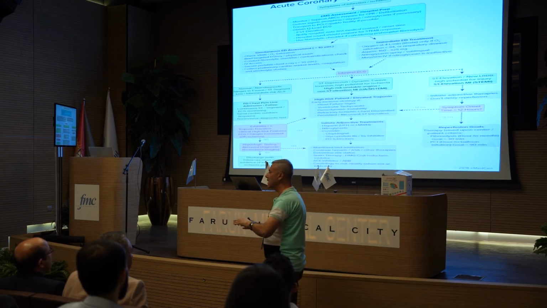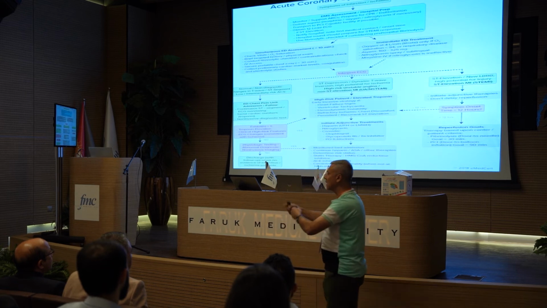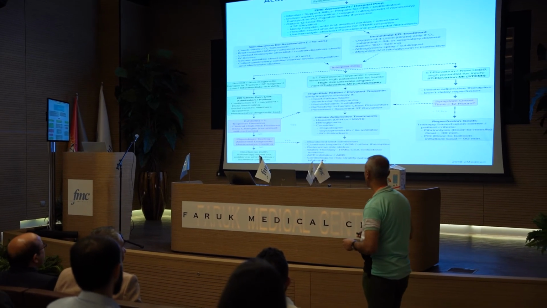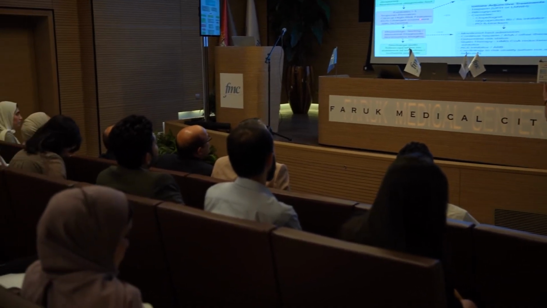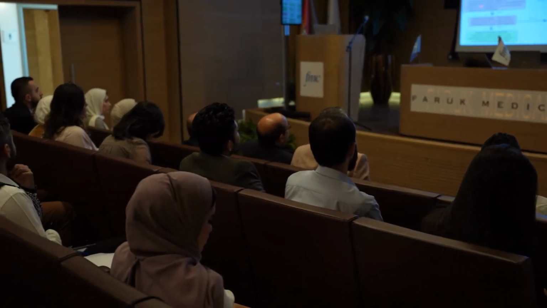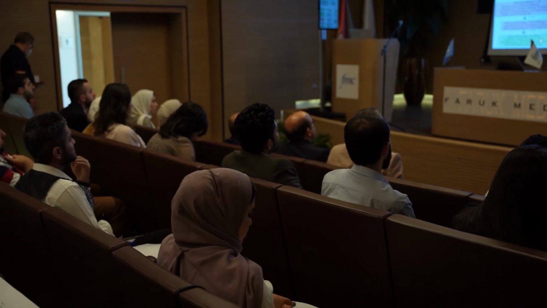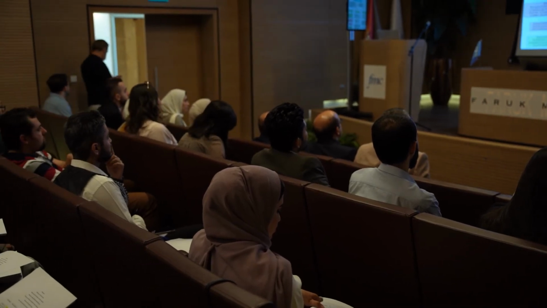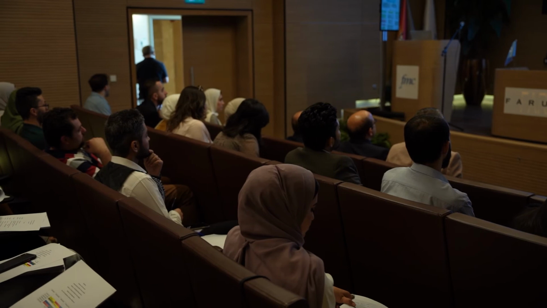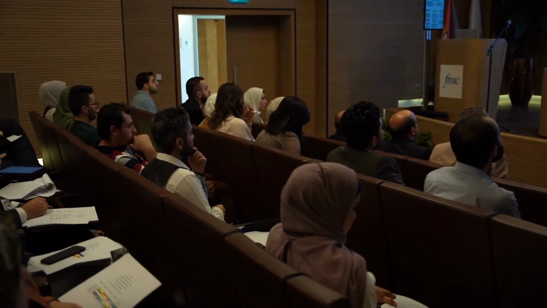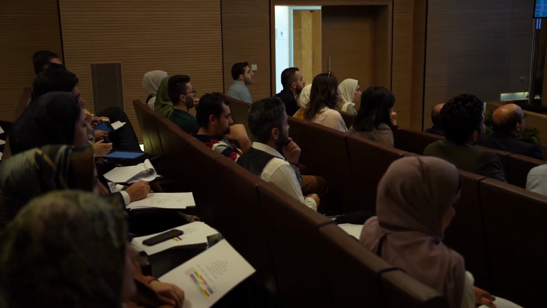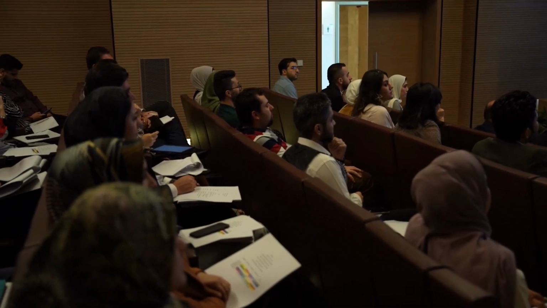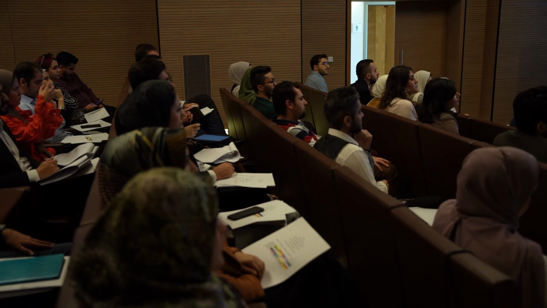Then take serial cardiac markers and troponin. If it's okay, then discharge him with follow-up. But if the troponin and cardiac marker are high risk, then shift to the other category.